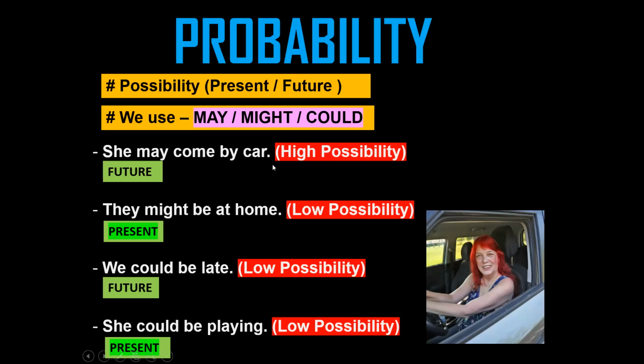If you are getting confused about could, forget about could. Only two things remain in your mind, may and might. Where do you use may? High possibility. Where do you use might? Low possibility.